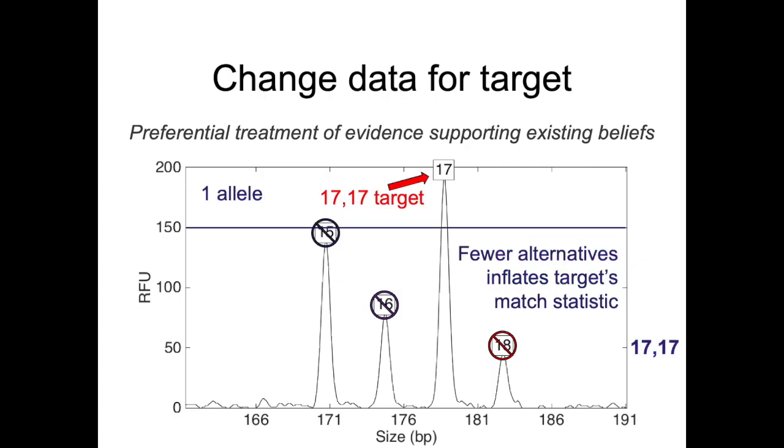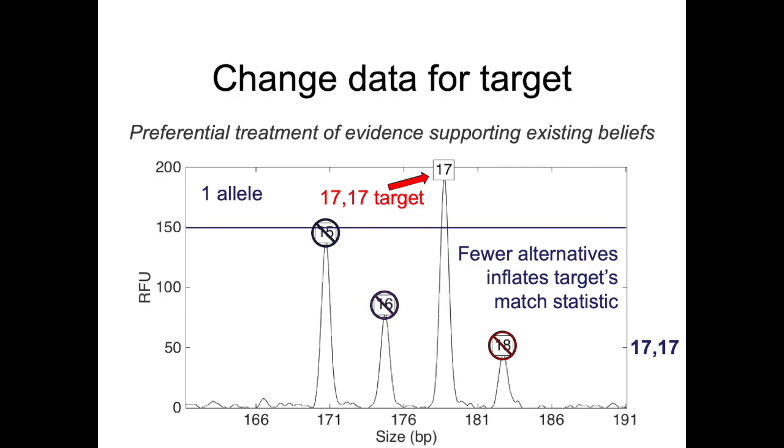Raising the threshold even higher to 150 RFU would now get rid of 3 of the 4 alleles, 15, 16, 18, all under 150, all gone. All that's left is the 17 allele, which leaves only one genotype possibility, the homozygote 17-17.